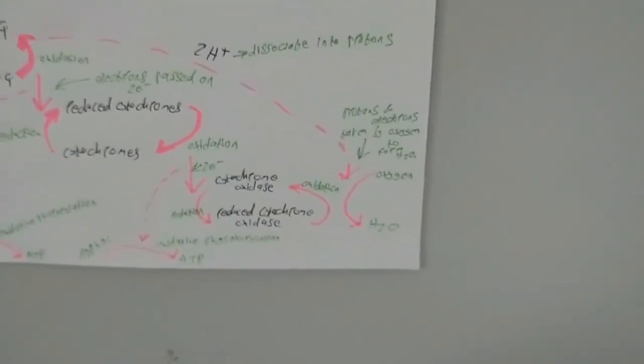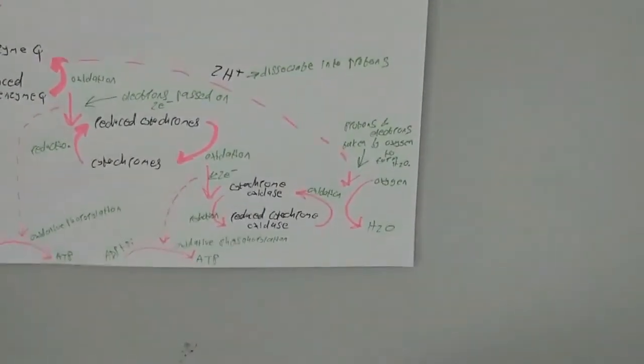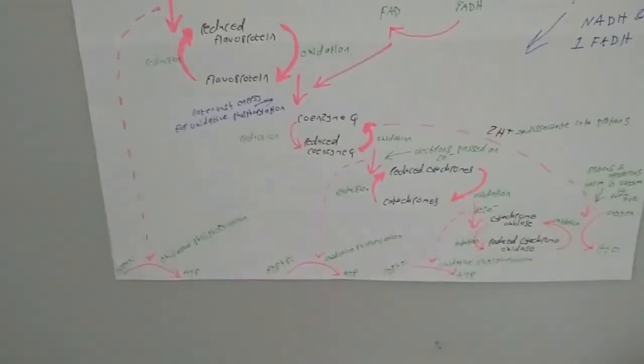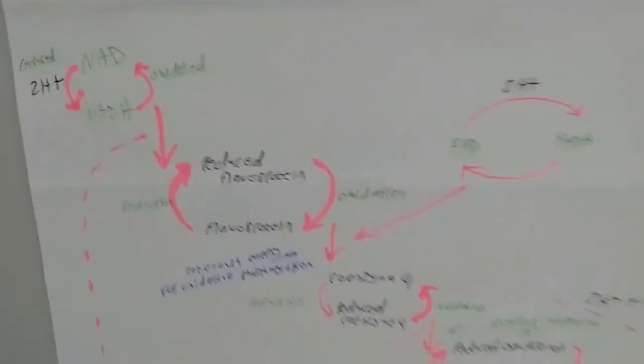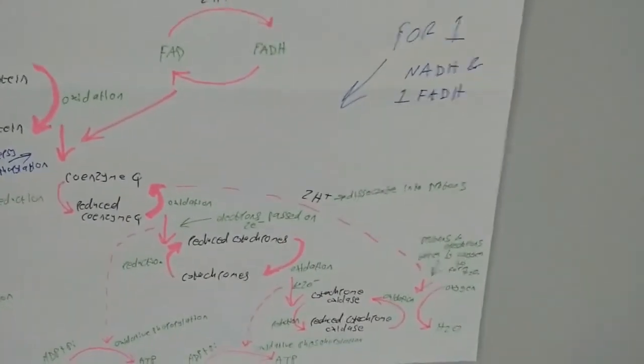So once they're then moved on to reduced cytochrome oxidase, this is also a redox reaction. So at this point we have our 3 oxidative phosphorylations forming 3 ATPs for 1 NADH. This is 1 NADH that comes in, and it's producing 3 ATPs through oxidative phosphorylation at reduced flavoprotein, cytochromes, and reduced cytochrome oxidase.